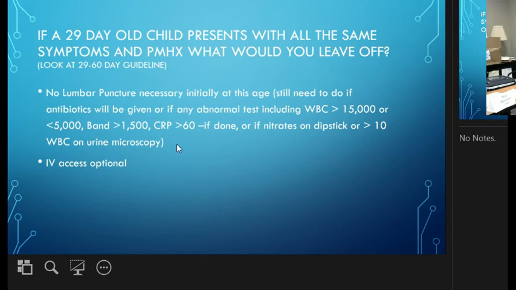IV access is actually optional at this age, where in the younger newborn it is advised to go ahead and get the IV access.